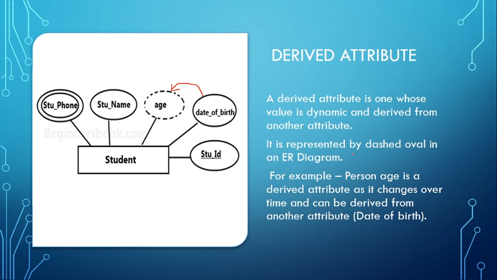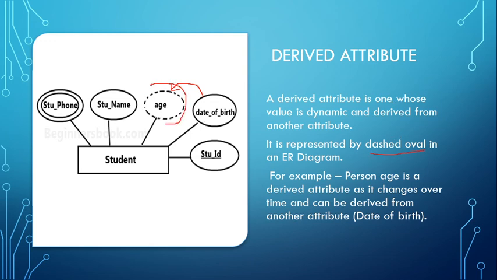Earlier we have seen the entity which is depending on another entity. When an entity is depending on another entity, we call it a weak entity. Here, when an attribute is depending on another attribute, we call it a derived attribute, not a weak attribute. It is represented with a dashed oval.